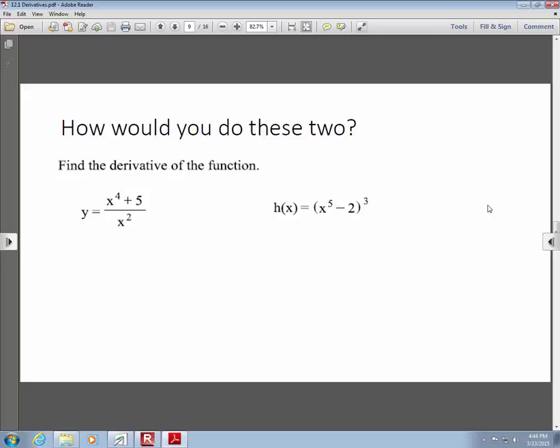But again, they might want you to find the common denominator of this function here, okay? Which your answer would be this. y prime is equal to 2x to the 4 minus 10 over x to the 3, okay? They might want your answer like that, or they might want your answer like this, okay?